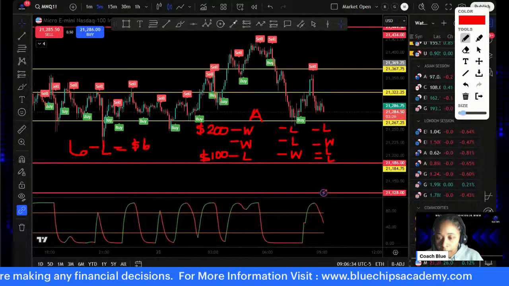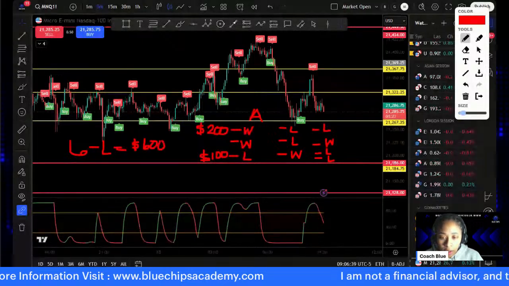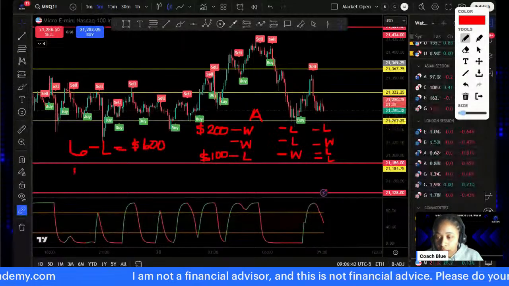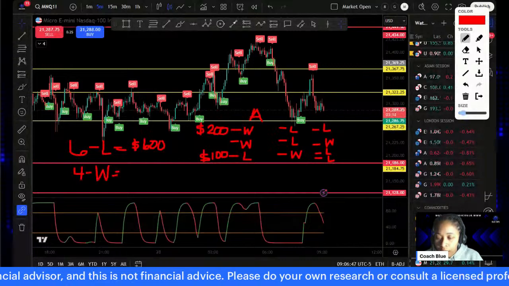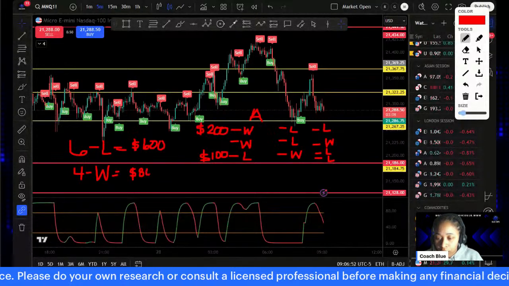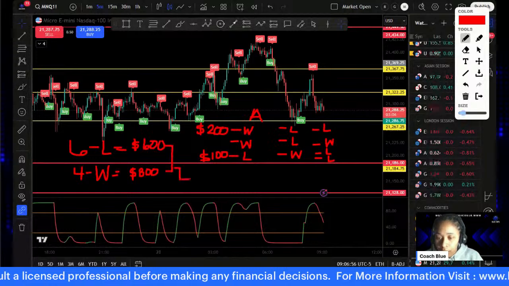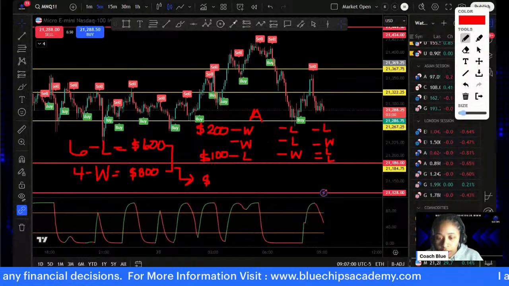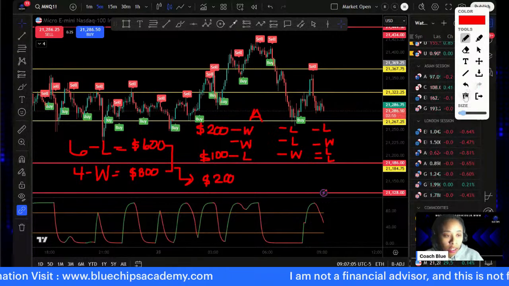With every win they made $200, and they had 4 wins, so they won $800. If we look at the difference between the two, Trader A was still profitable at the end of the week.